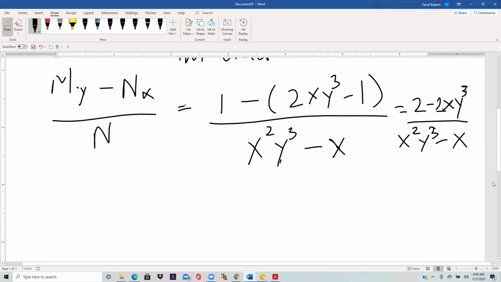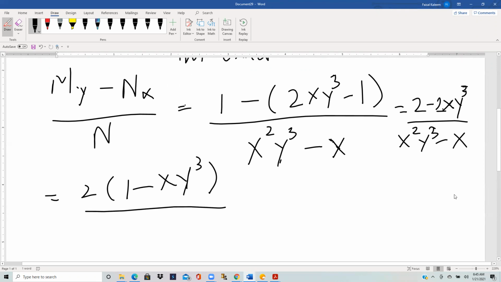In the numerator I can factor a 2, and I get 1 minus xy cubed. In the denominator, if you factor an x, you get xy cubed minus 1, which is almost this but with reversed sign.